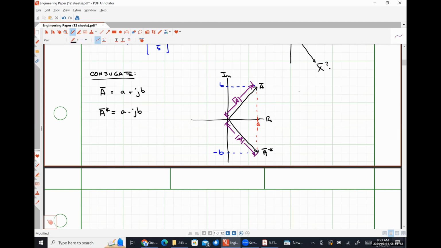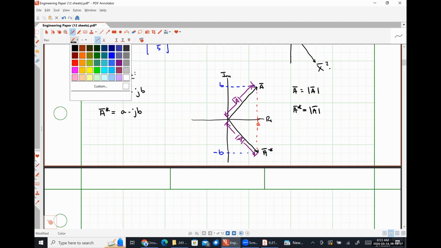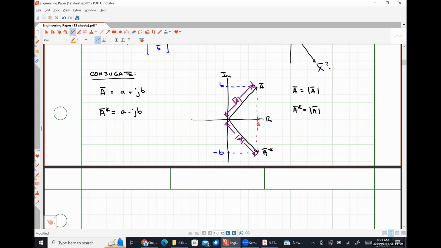So in polar form over here, we can see that the complex number and its conjugate have the same magnitude. What's changing is the angle, right? So here we have an angle of positive theta A. Down here, we're going to have an angle of negative theta A.